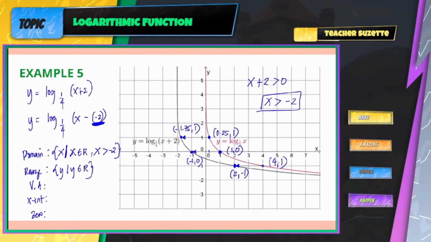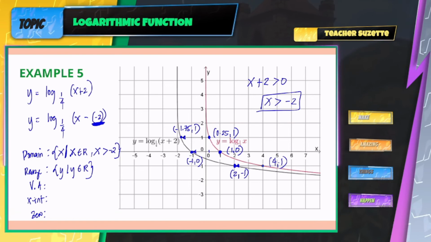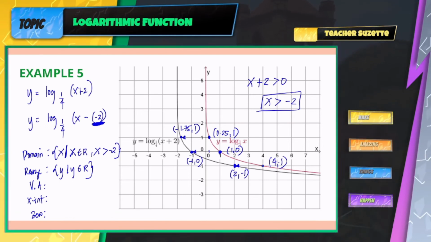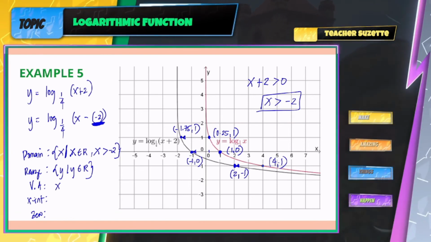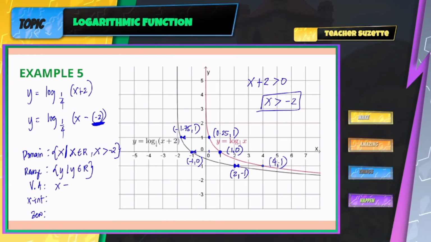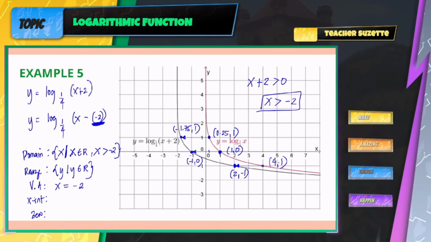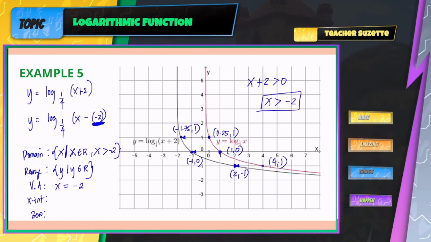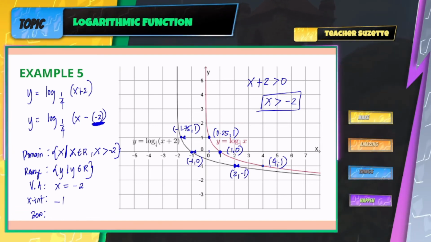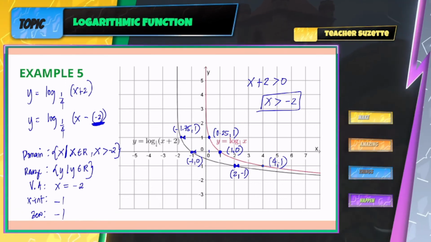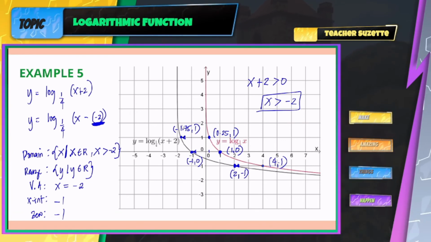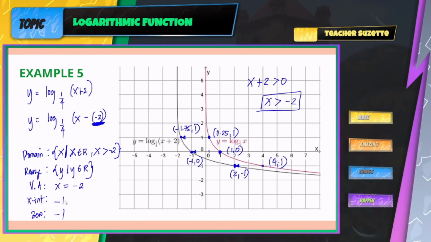Then, obviously naman po sa ating graph and then sa ating domain mismo, we can conclude that our vertical asymptote is x is equal to negative 2. Then, upon checking our graph, ang ating x-intercept for this one is negative 1, which is also ang ating 0 is negative 1.